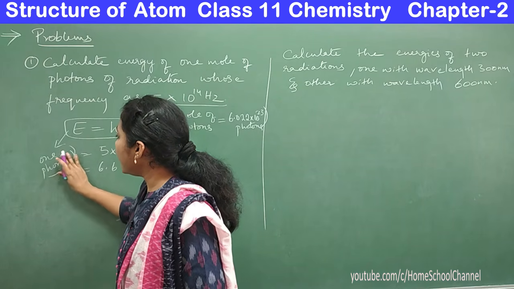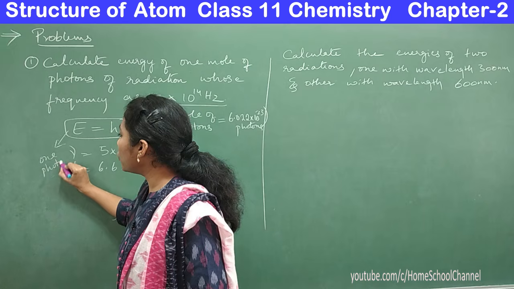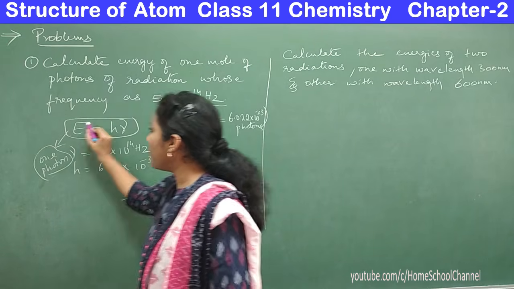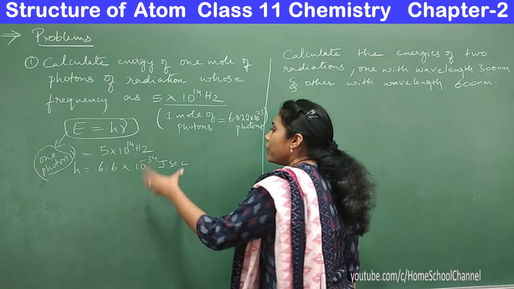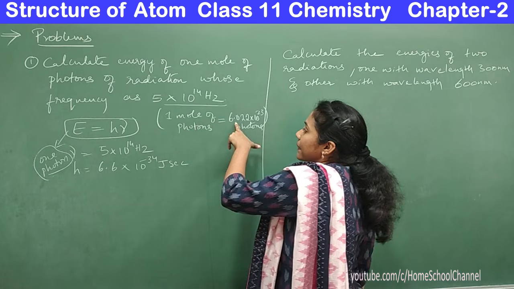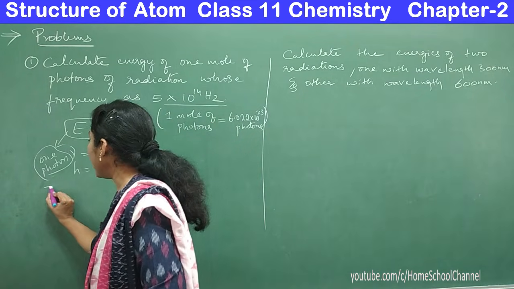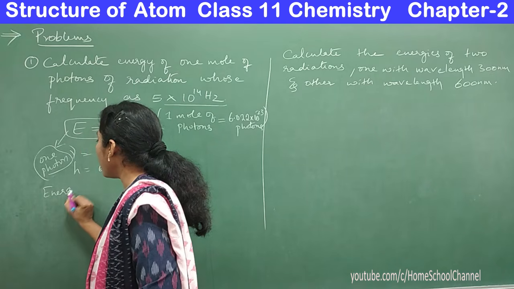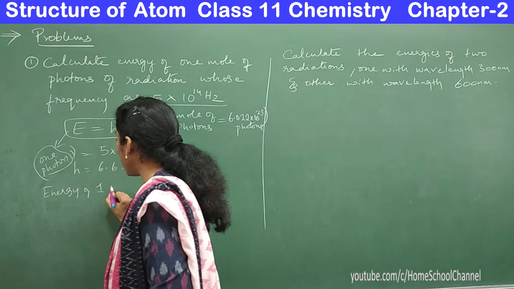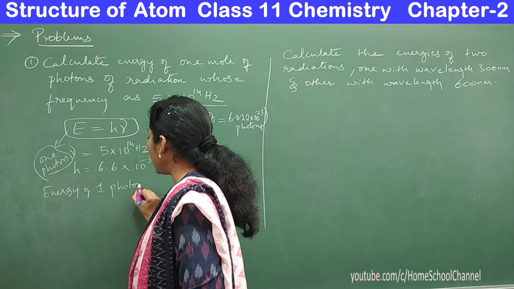So to calculate the energy of one photon, you must use this formula. First you calculate for one photon and then you multiply with this particular number, right? So what am I calculating now? Energy of one photon.